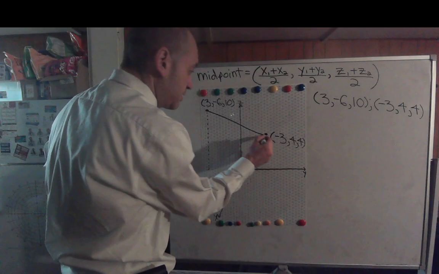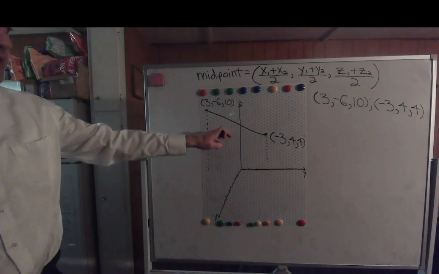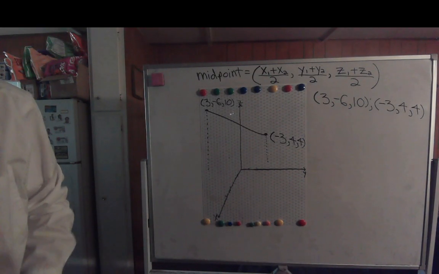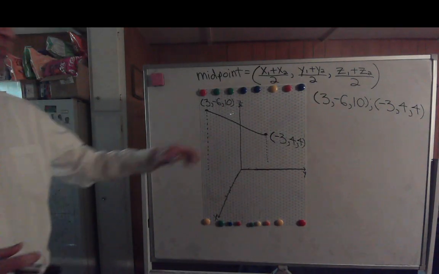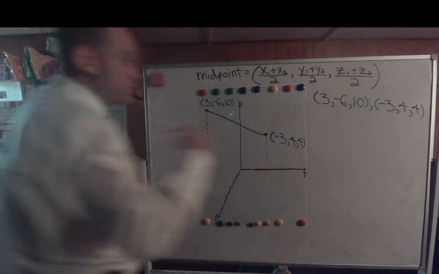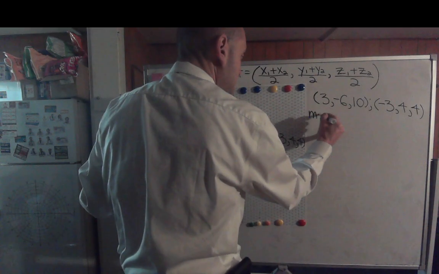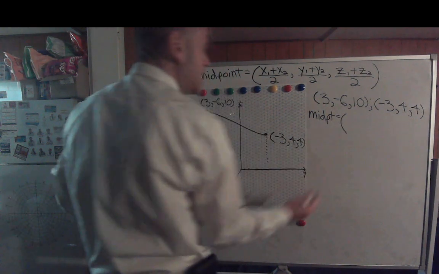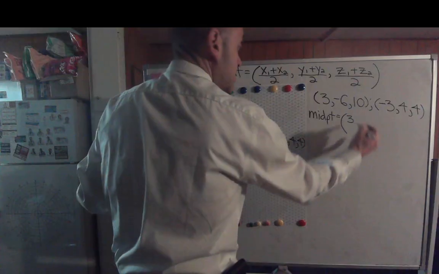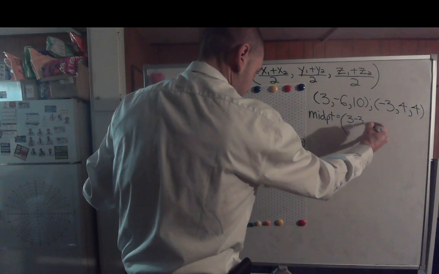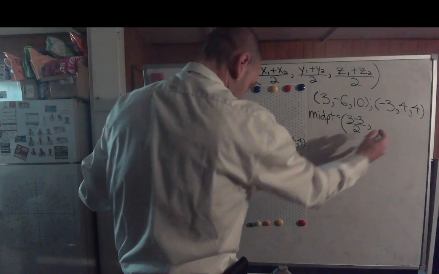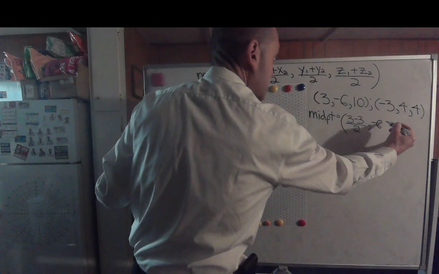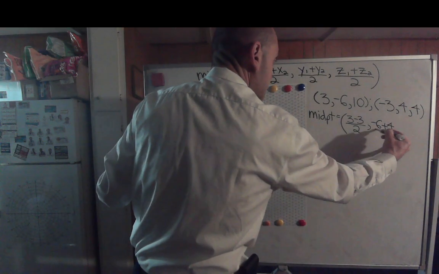Our goal here is to find the midpoint of this line segment that joins these two ordered triples. So let's do that. The midpoint is equal to, well, x sub 1 is 3 plus negative 3, so that'd be 3 minus 3 over 2. Y sub 1 is negative 6 plus y sub 2, that's 4, divided by 2.